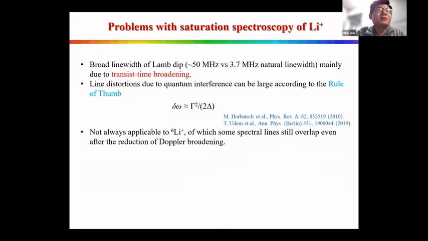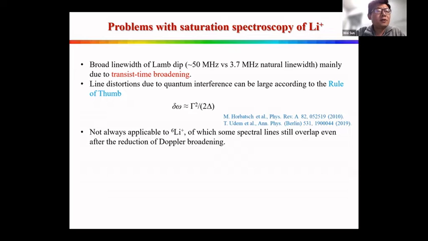As a result, the Lamb dip we obtained has a broad linewidth of about 50 megahertz. That's far beyond the natural linewidth. This results in a great statistical uncertainty, as has been shown above.